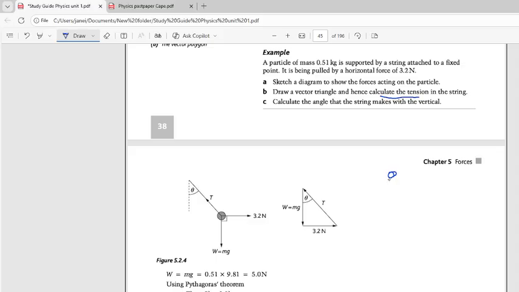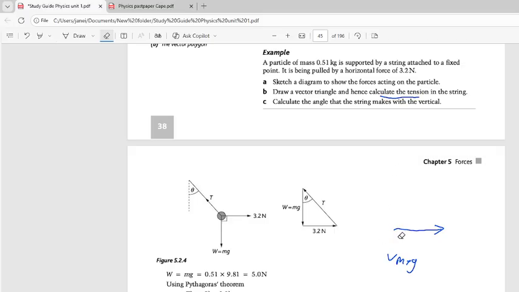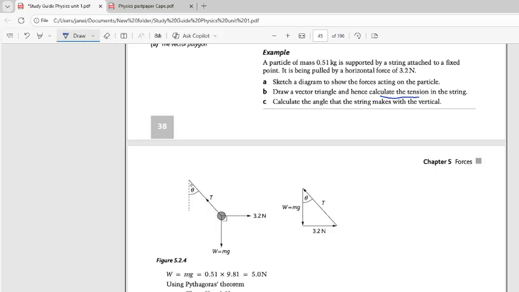By right, I have a string, and pretty much it is being pulled downward. It's gonna have some mass times gravity being pulled down, and then I take another force and I pull on this string and on the mass, and what we end up with is this scenario, where it's gonna be at an angle of theta.